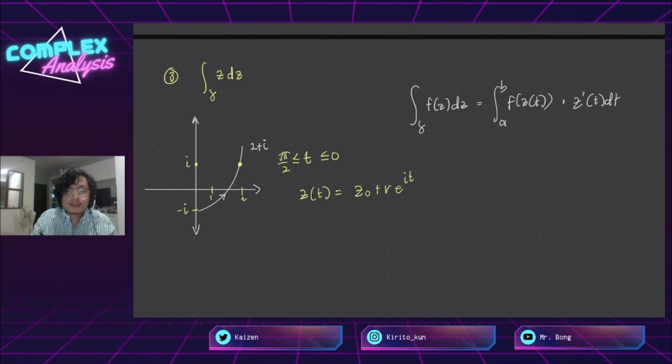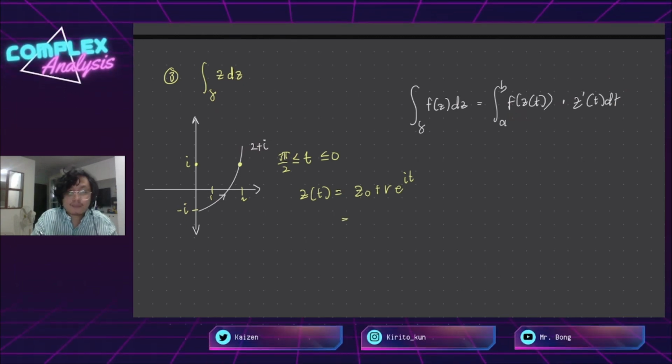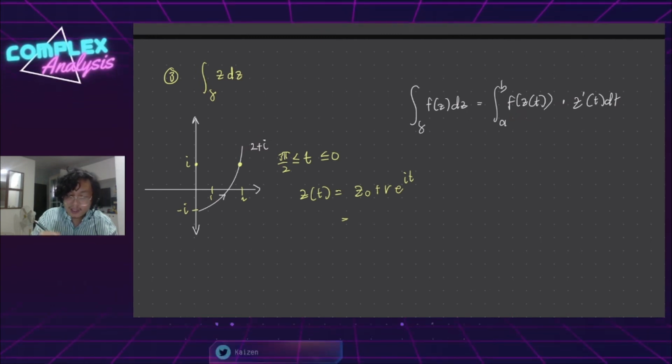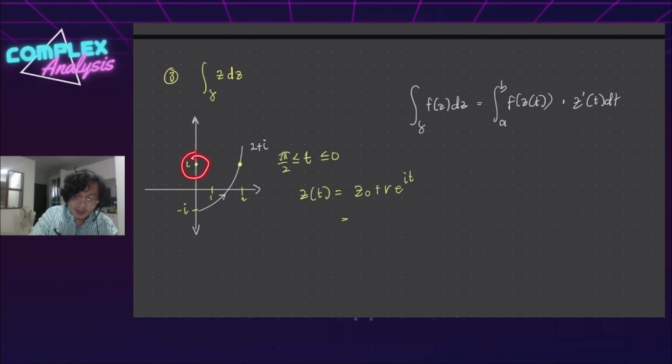Our z sub o is our center of the circle, so therefore our z sub o is i.